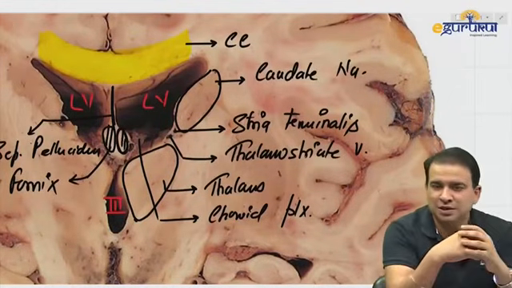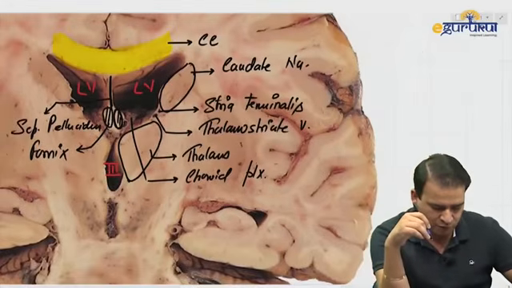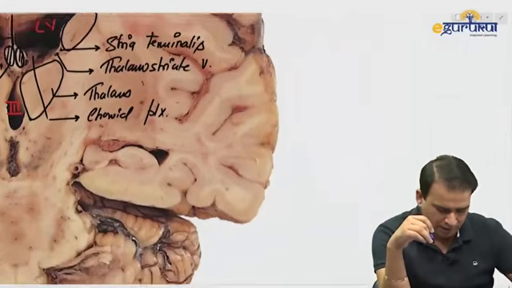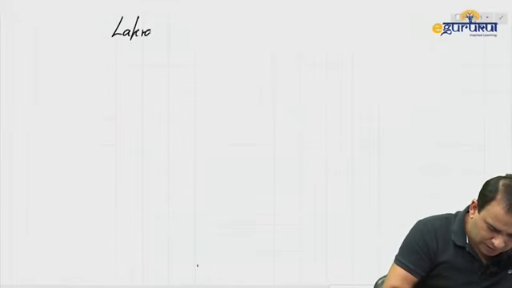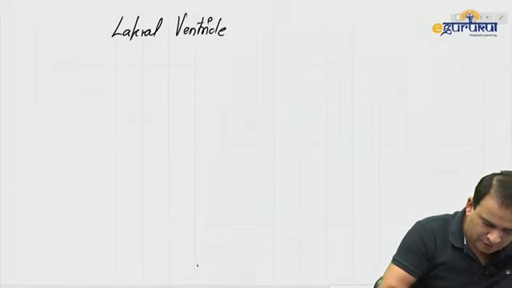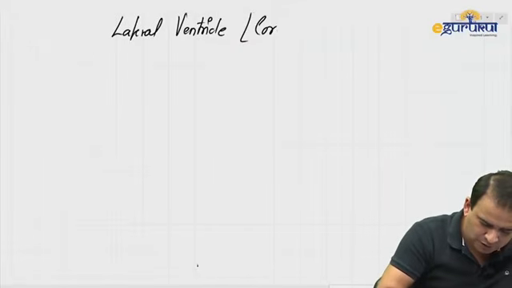So let us draw this section as well so that you have it in your notes with you. Let me do it on the side here. So we said we are discussing the lateral ventricle, and the section we're going to consider is the coronal section.